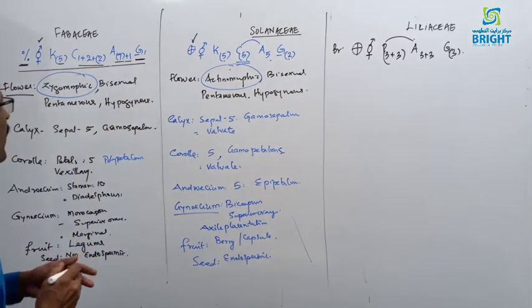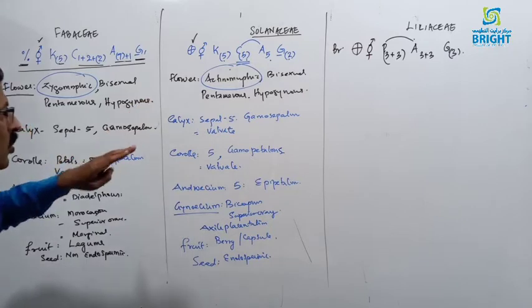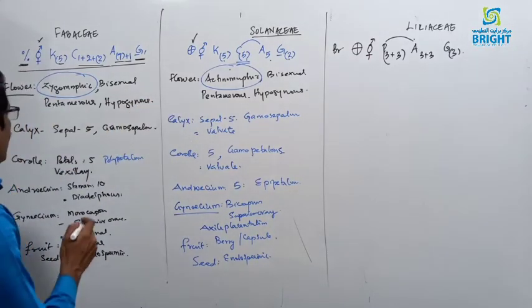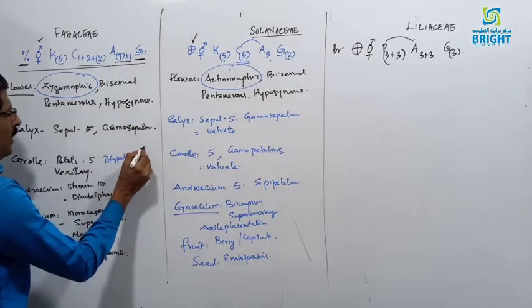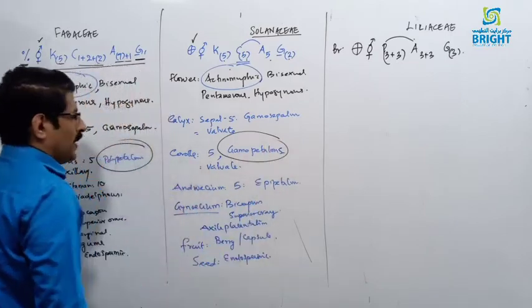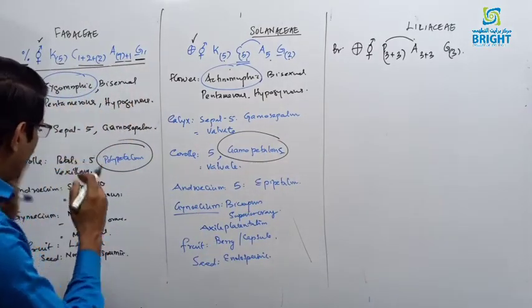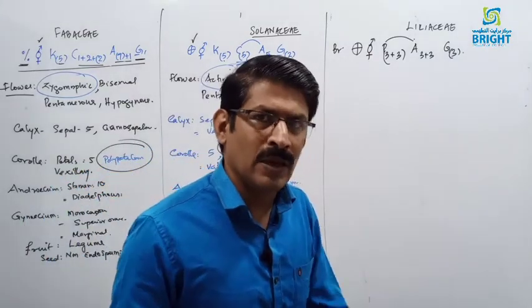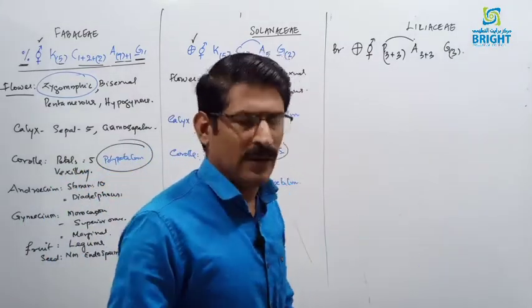So when we compare the two dicot families, because it is the pentamerous nature, the petals of Fabaceae is polypetalous, but the petals of Solanaceae is gamopetalous. And in the case of androecium, gynoecium, and petals, all are showing differences.